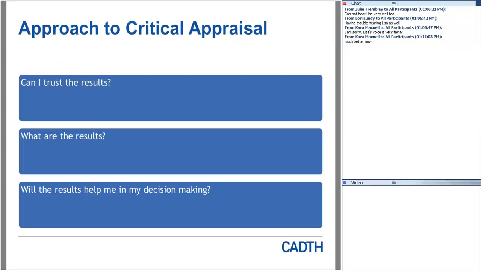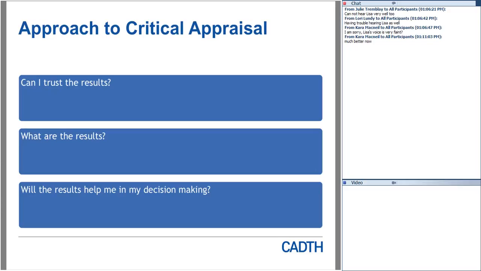So critical appraisal, there are many, many different tools that can be used to critically appraise evidence. There are checklists, questions that we ask when we're reading through scientific or health evidence studies. And the first question, the fundamental question that we're looking for is, can I trust the results?